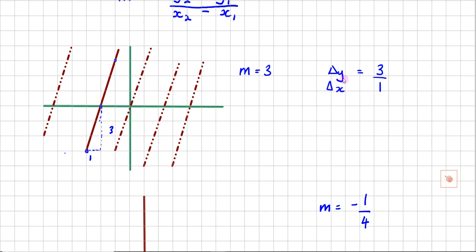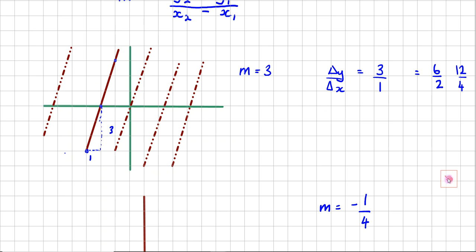So we have 3 divided by 1. It could also be 6 divided by 2, or 12 divided by 4. Okay? Got that? So if I put my points further apart, it would be 12 and 4. Now, it just so happens that that fraction simplifies nicely to 3.